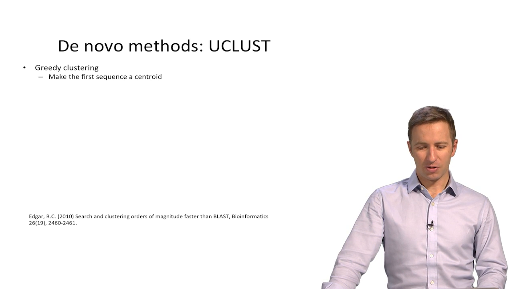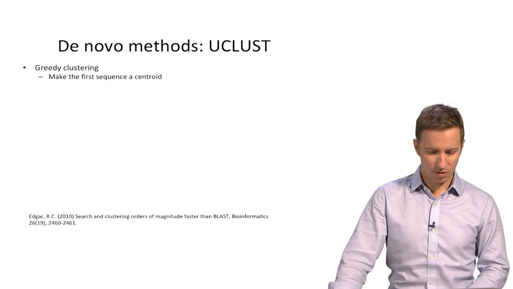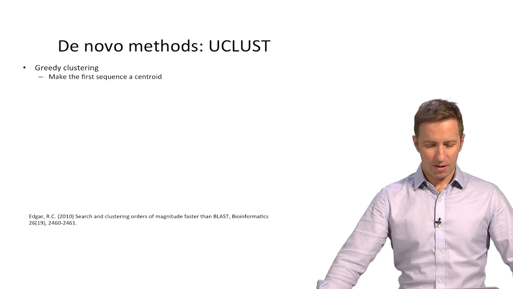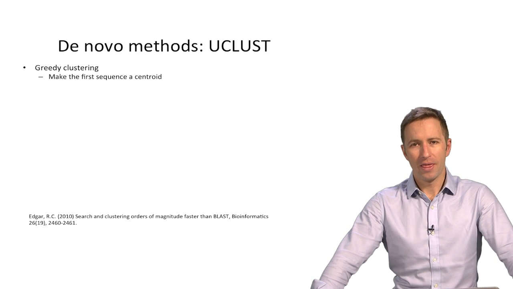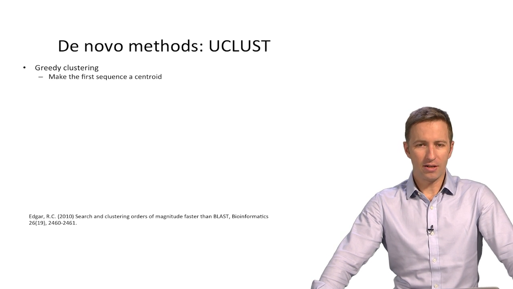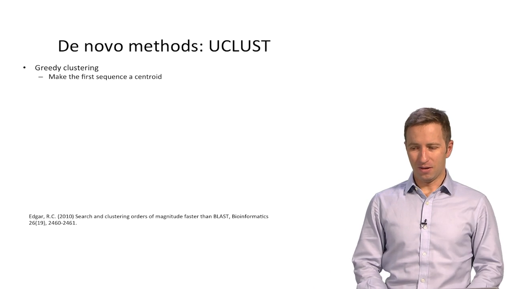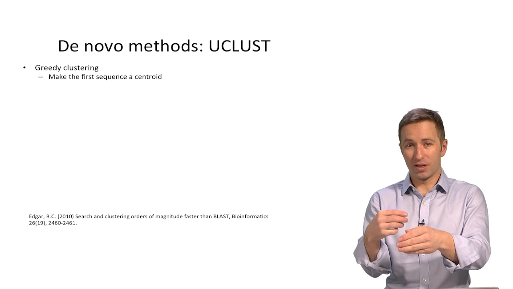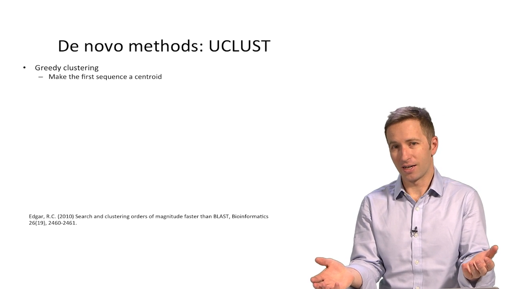Possibly the most common is Uclust, and this was developed by Robert Edgar, published in 2010, and it's actually a fairly simple algorithm. It does greedy clustering. What does this mean? Greedy means you're kind of building the model as you go and hoping it works out.